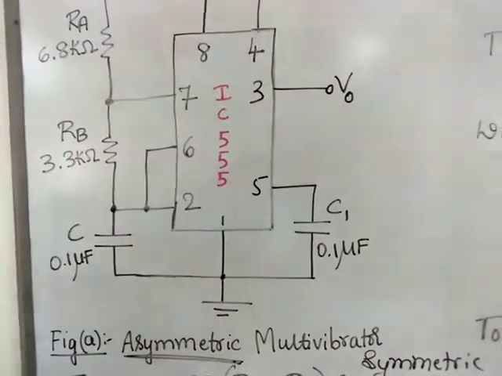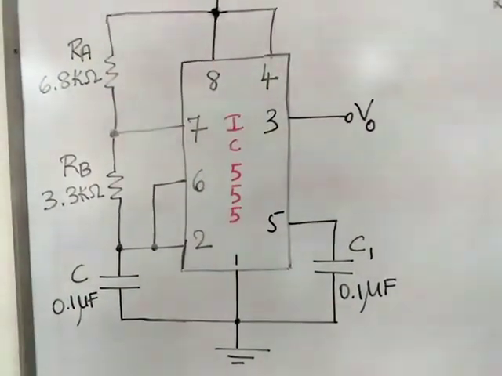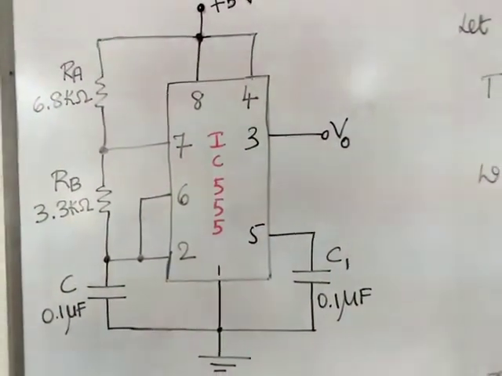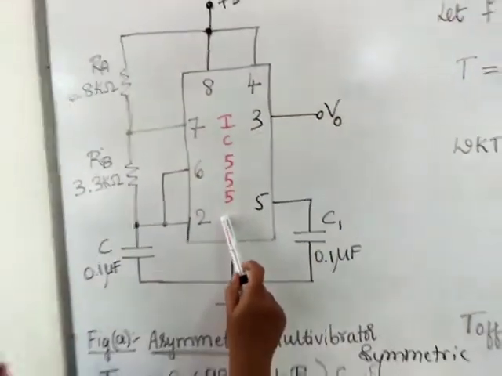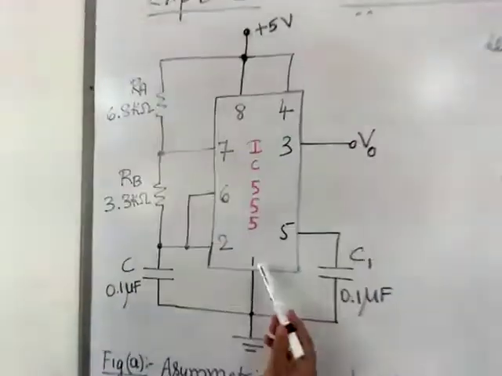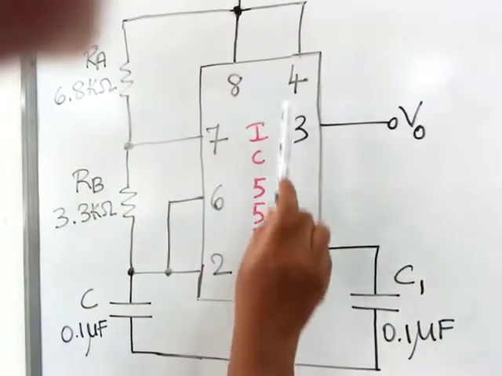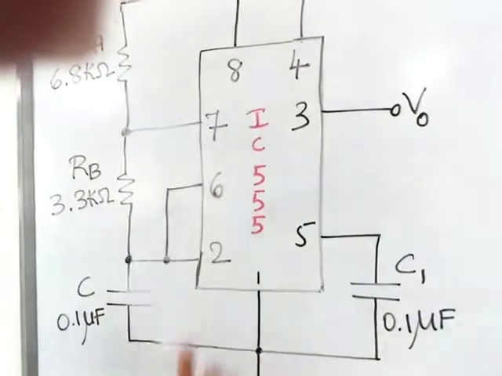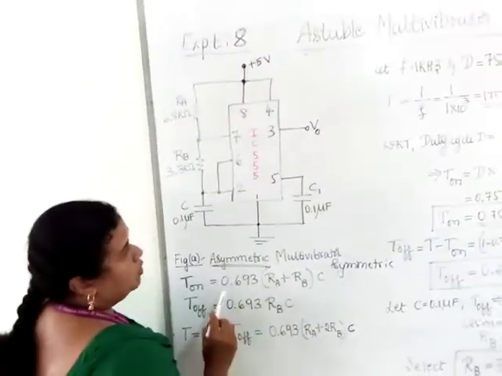It can produce time delays, that means it can generate either a square wave or a rectangular wave. The IC 555 timer has totally 8 pins. Out of 8 pins, here we are using all of them, pin numbers 1 to 8.